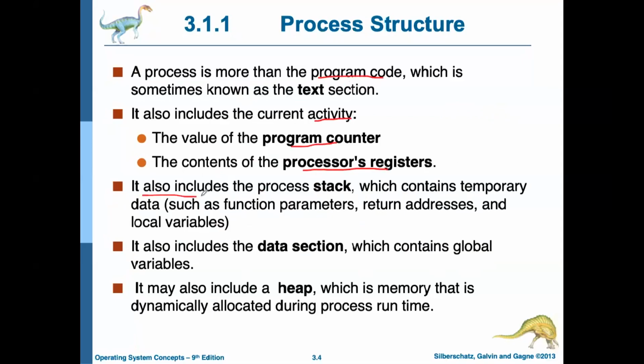It also includes the process stack, which contains temporary data such as function parameters, return addresses, and local variables. It also includes the data section, which contains global variables. It may also include a heap, which is memory that is dynamically allocated during process runtime.